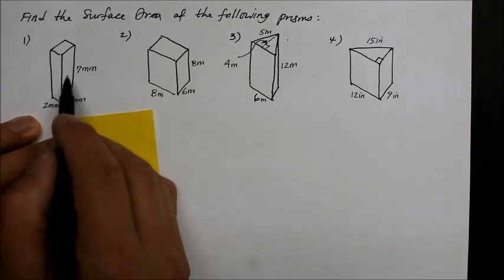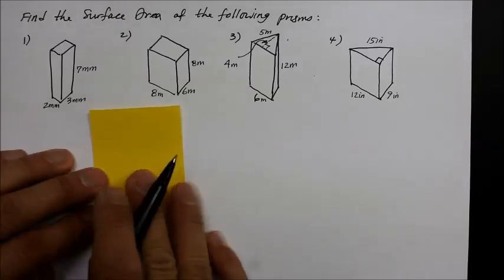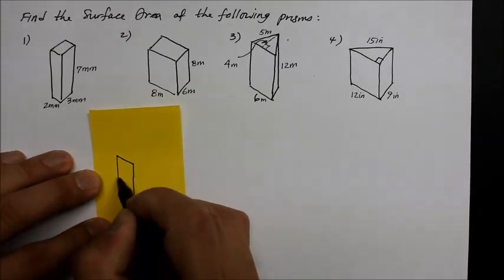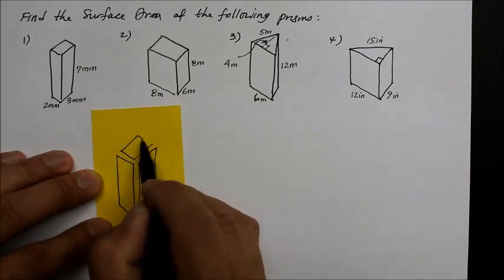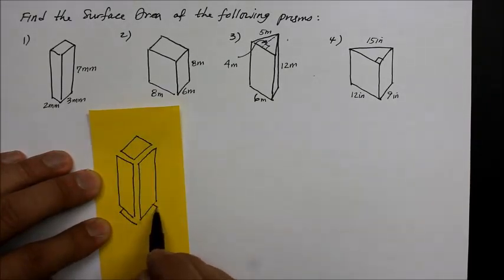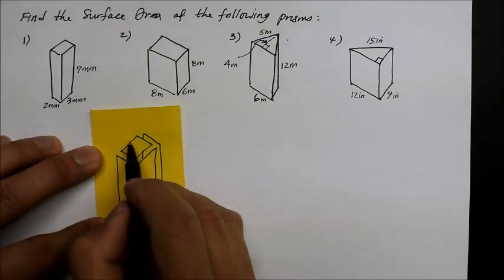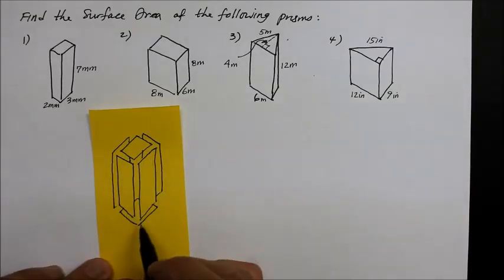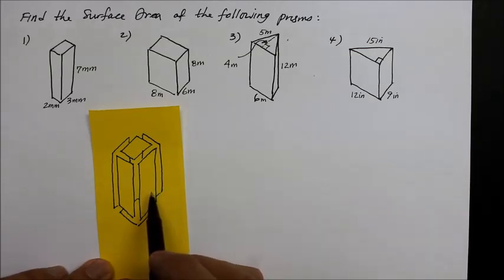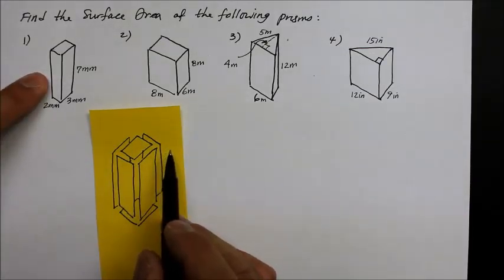So if I were to separate that into different pieces, it would look like this. Check this out. Okay, can you see all the pieces necessary to build this whole piece into one prism?